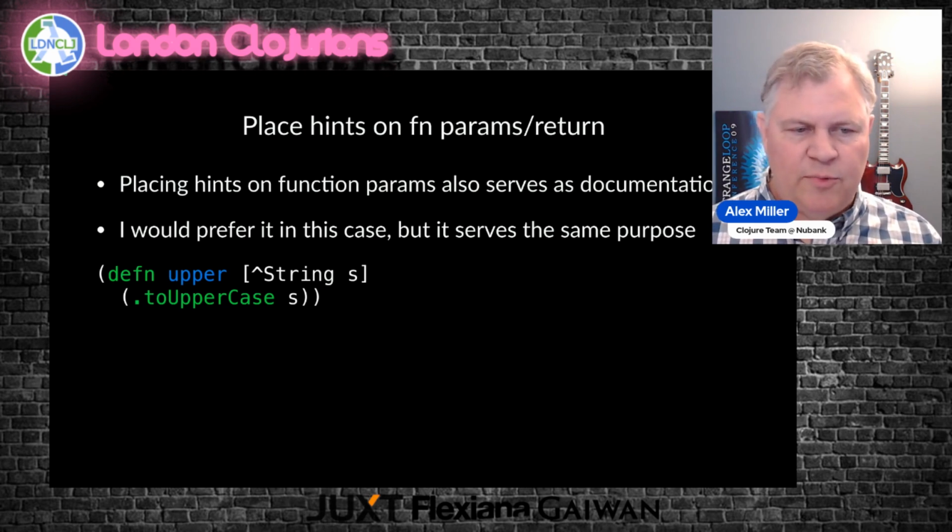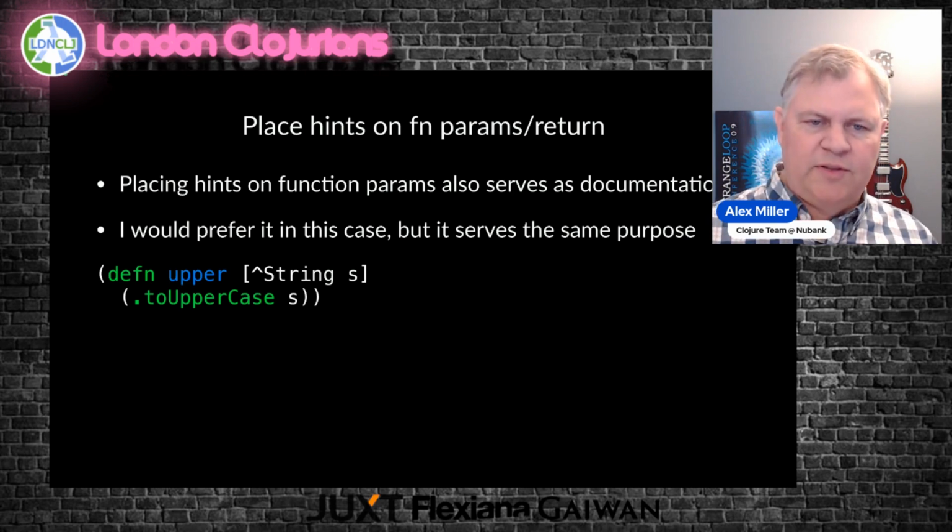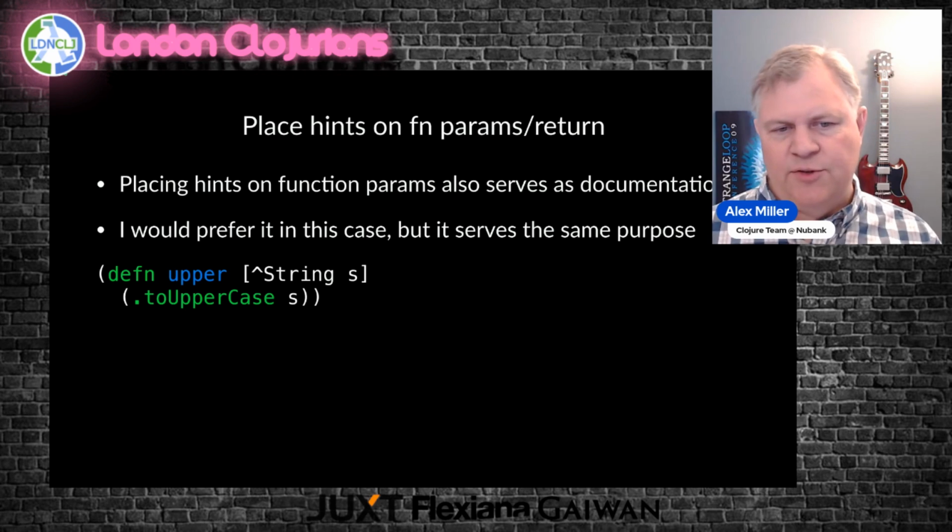It also would allow you to make multiple calls with that parameter s inside the body of upper. So we're only making one call now, but if you're making more than one, generally specifying it earlier allows you to reuse that type information in multiple places. So that could be useful. So here I would probably put it on the function parameter.